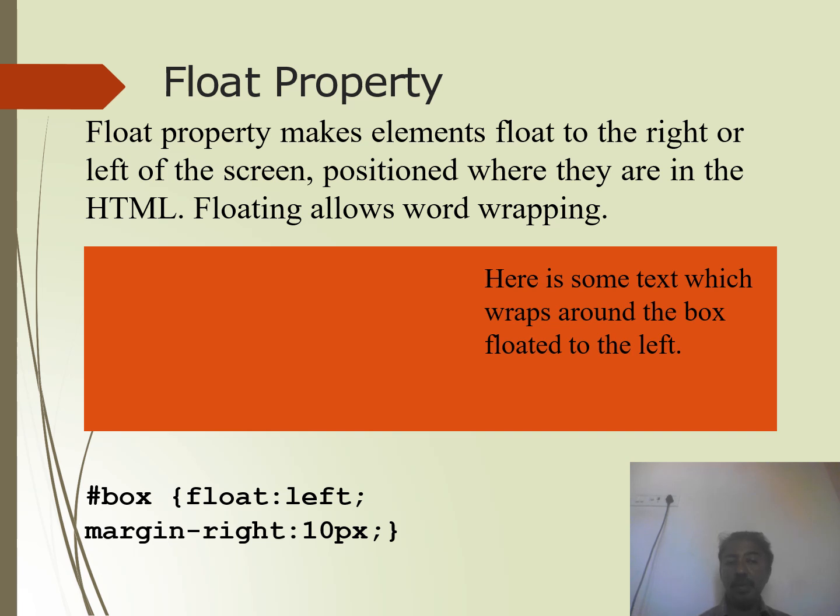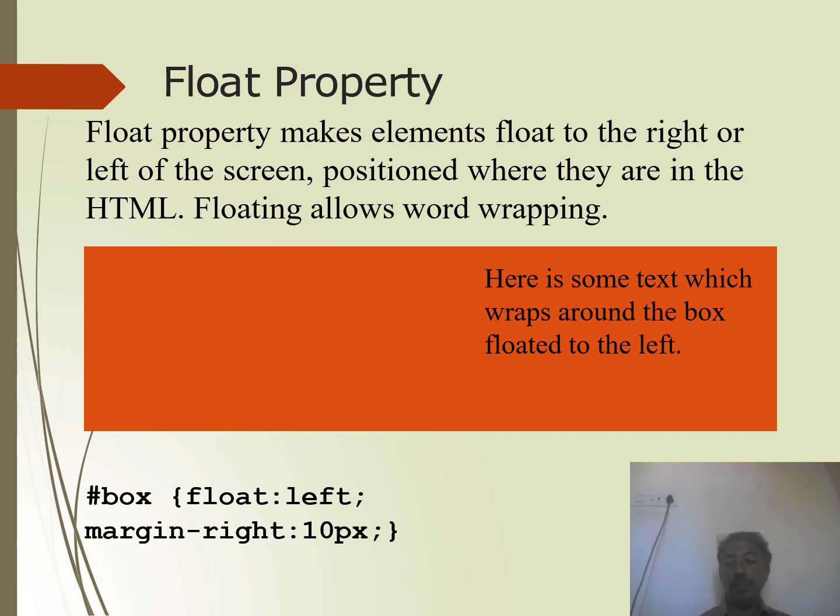The float property makes elements float to the right or left on the screen. Floating means moving left or moving right. That's what happens in floating. This is the example: box float colon left, then margin right 10px.